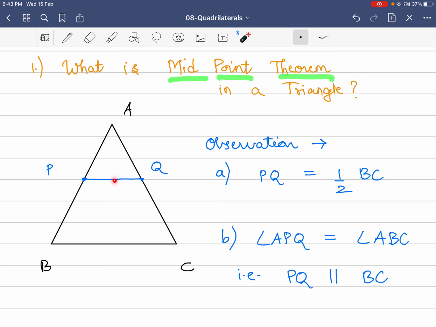First of all, the length of this line will be half of the third side. And secondly, this line is parallel to the third side. That is nothing but the midpoint theorem, a very interesting theorem found in triangles.